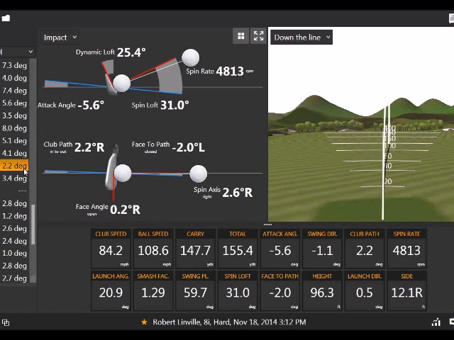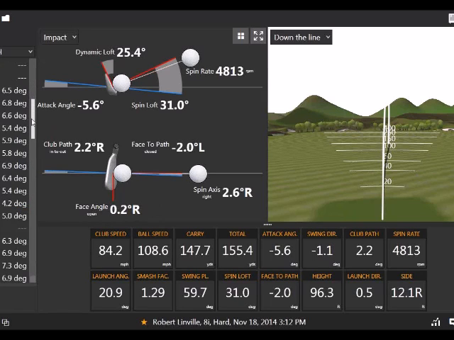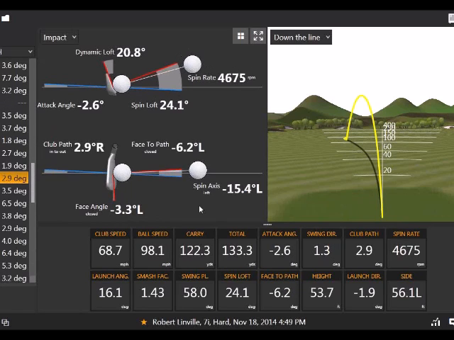Let me see if I can find a shot, I think it's up here, maybe. Oh, here we go. This was a young lad that was in here also tonight, and you can see we got a big hook.